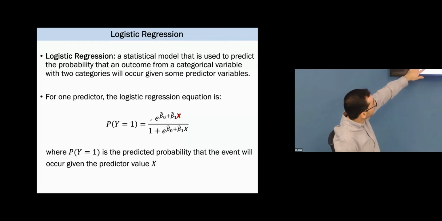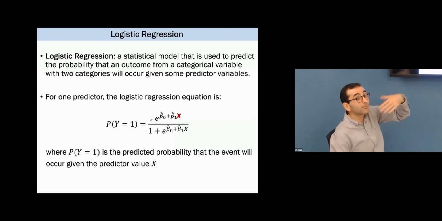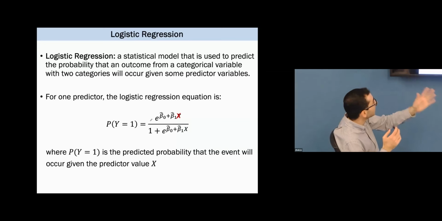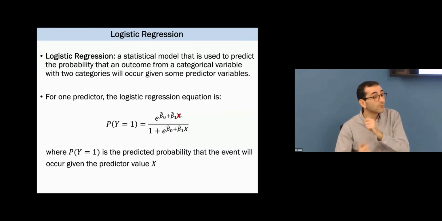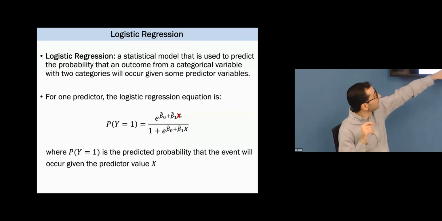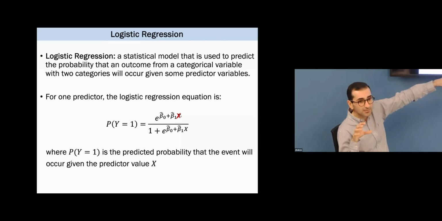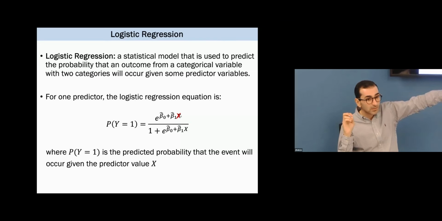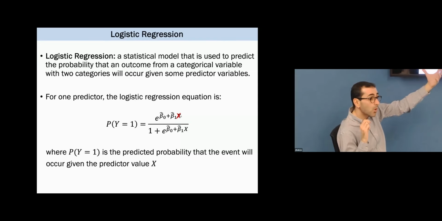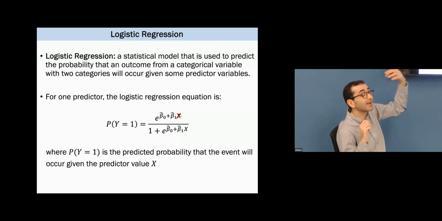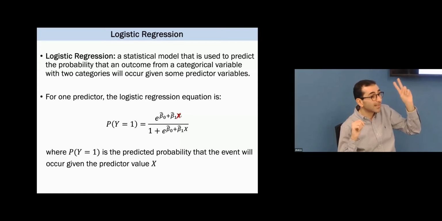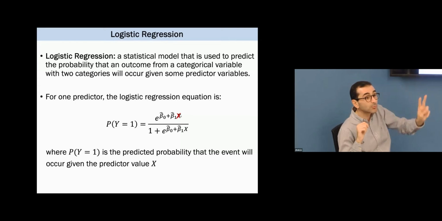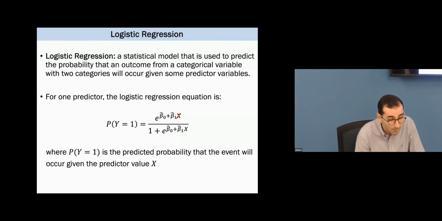The probability of y equals 1 is the predicted probability that the event will occur given the value of the predictor. Does it make sense? So now we don't have a quantitative response, we have a categorical one, and specifically for the logistic regression, we're going to use the case where I have two categories, and I want to predict those two categories. And this is the model that we're going to use.